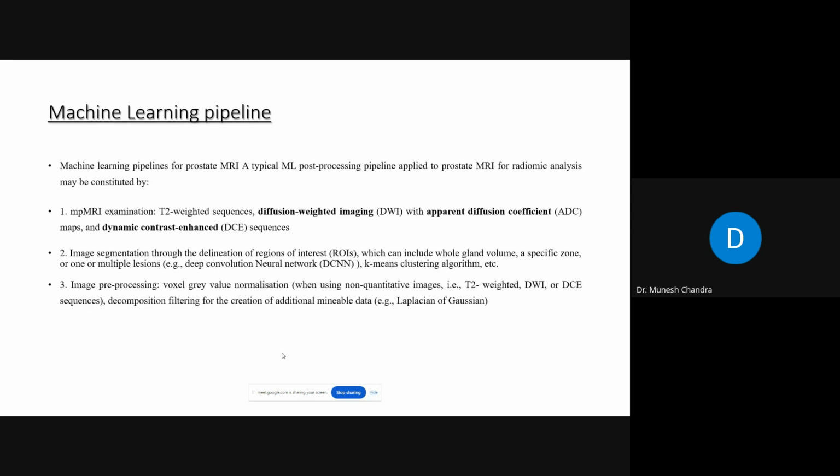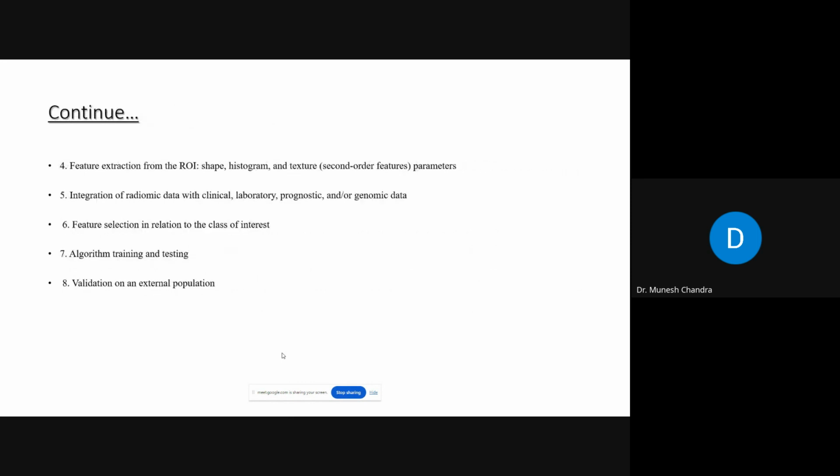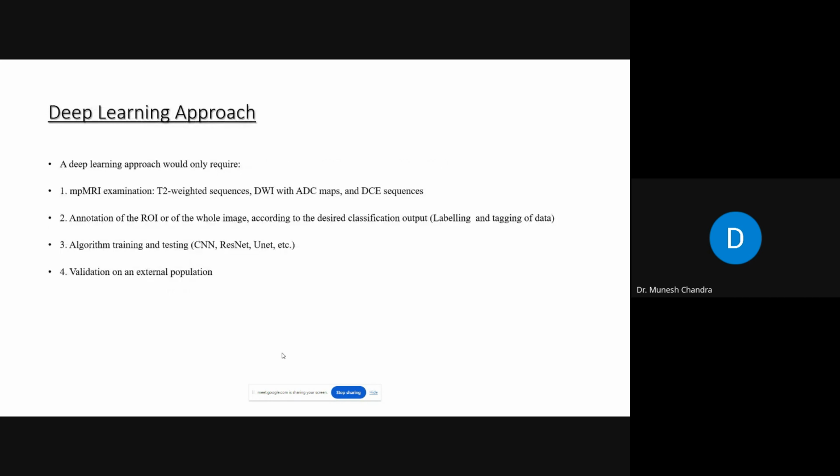For this segmentation we can use DCNN and K means clustering algorithms. After that we do image pre-processing, feature extraction as done previously, then feature selection, then train and test, and finally we validate the data.